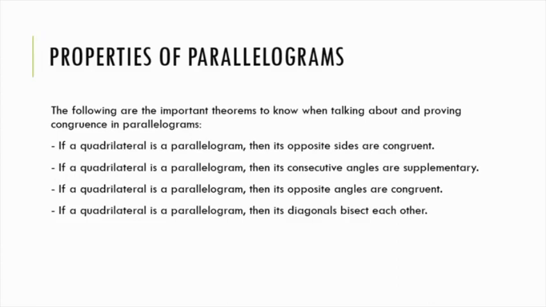Remember, supplementary means that the angles add to 180 degrees. The third one: if a quadrilateral is a parallelogram, then its opposite angles are congruent. So opposite sides and opposite angles are congruent. And most importantly, if a quadrilateral is a parallelogram, then its diagonals bisect each other.